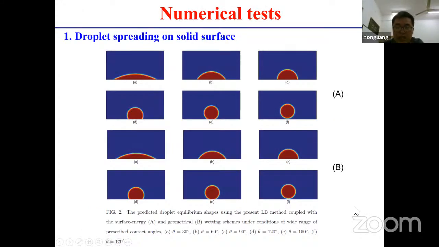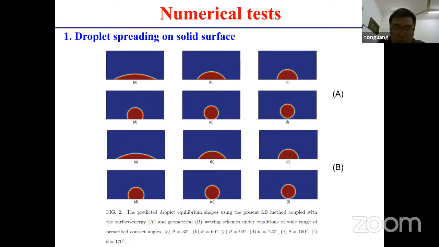Now we use some tests to test the model. The first one is the drop spreading on the solid surface. Case A is the surface energy wetting boundary condition, and case B is the result of the geometric equation. In the simulation we consider the contact angle ranging from 13 degrees to a large one such as 130.